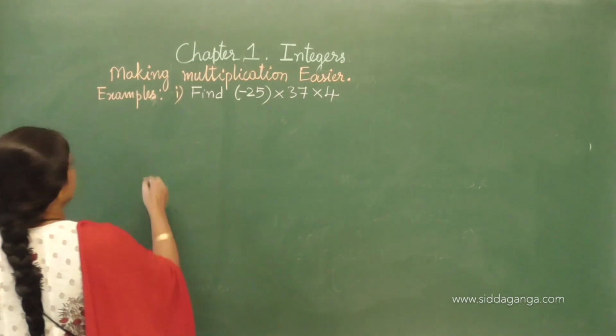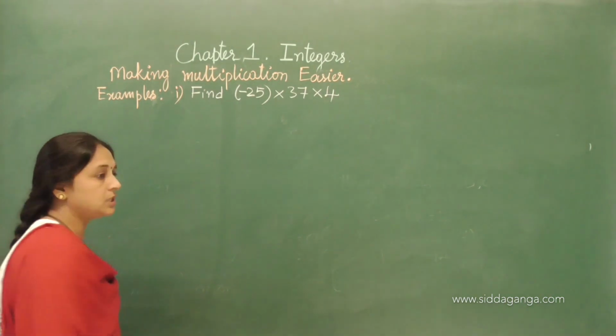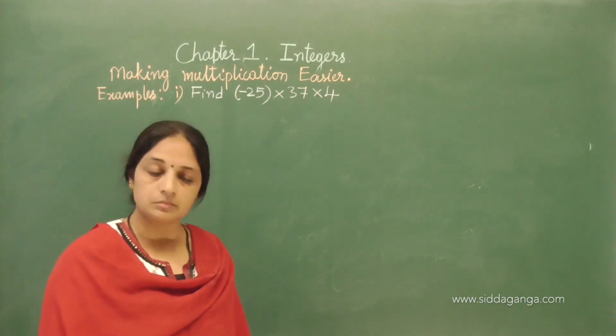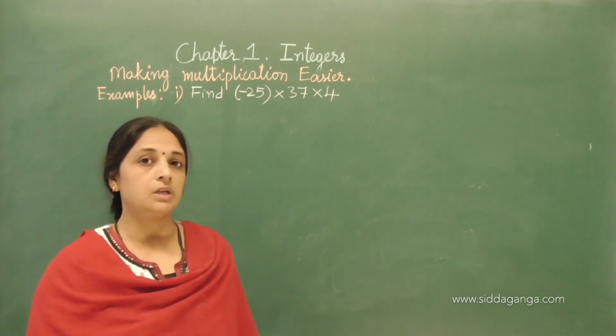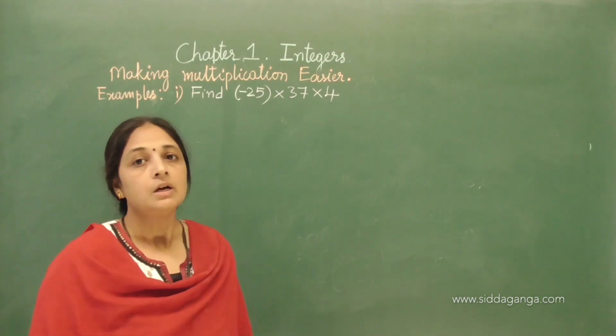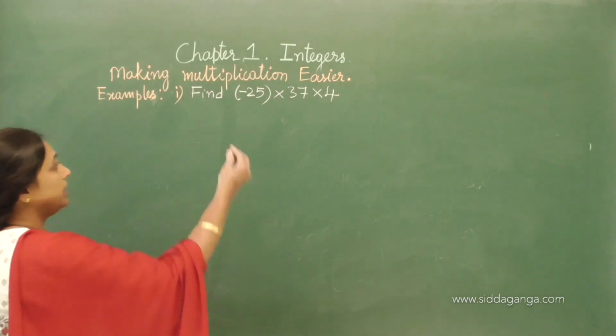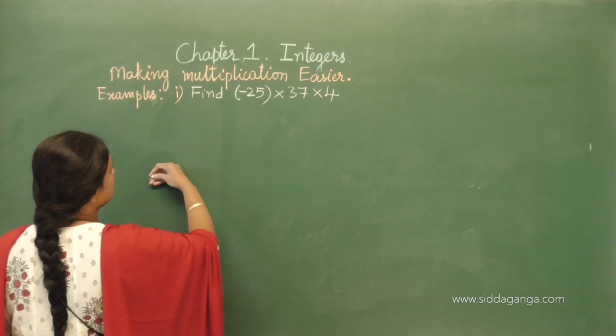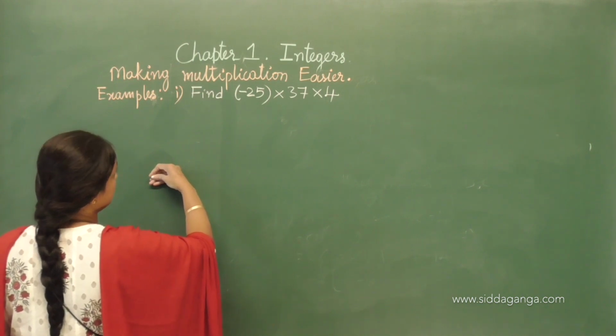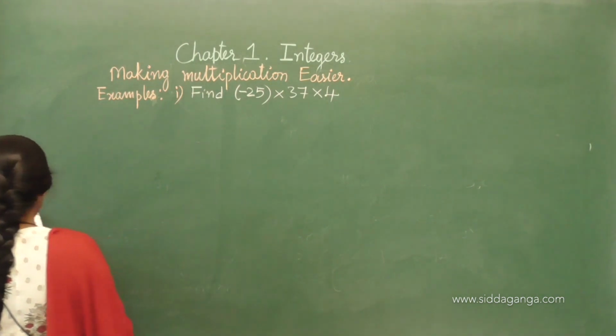First consider any 2 numbers. Find the product of any two numbers here, then you can find with the other one. So keeping 4 as it is, first we find the product of minus 25 and 37.